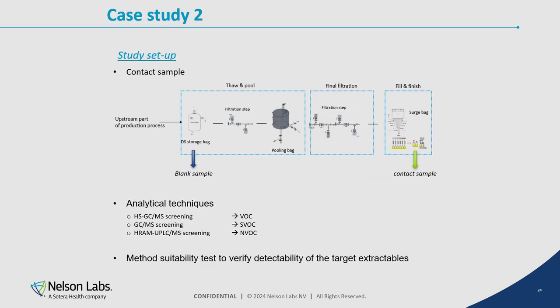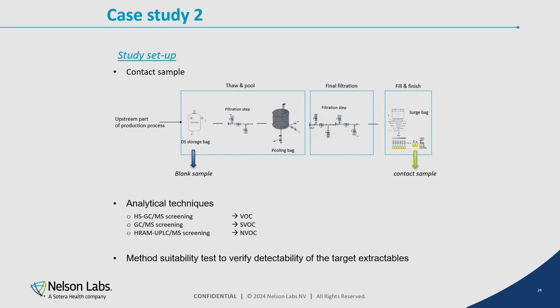So what we need to do is compare a contact sample with a blank sample, because otherwise we cannot differentiate matrix ingredients and ingredient degradation products from the actual leachable. So we do a comparative analysis between a contact sample and a blank reference sample. So here, in this case, it's a combined leachable study on the container also.